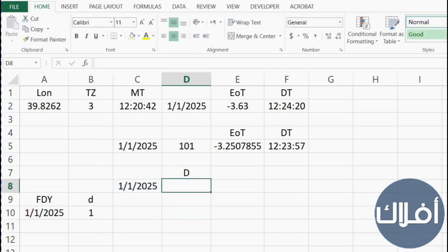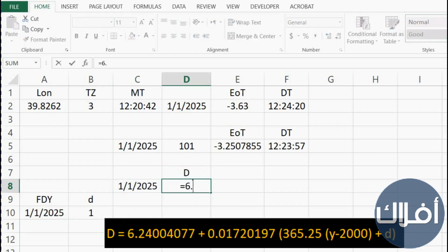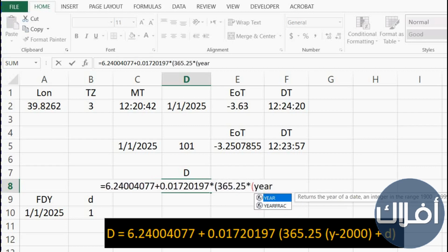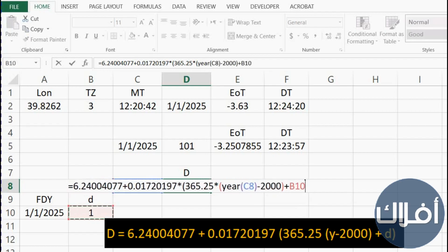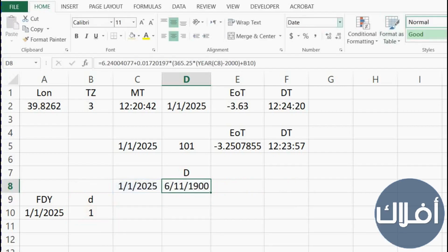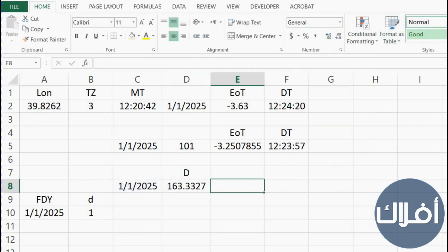Now we need to calculate capital D, which is equal to 6.24004077 plus 0.01720197 multiplied by 365.25 multiplied by the year from that date minus 2000 close bracket plus small d and close the bracket, and the result is 163.33.